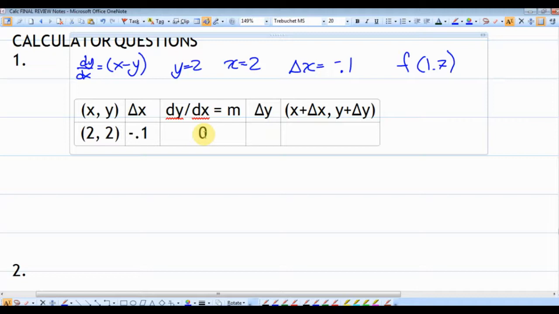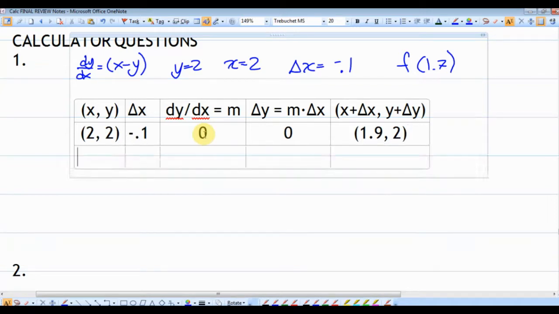Delta y, if you remember what delta y is, I didn't write it down here, but that's going to be m times delta x. So 0 times negative 0.1 is 0. X plus delta x is 1.9. Y plus delta y is 2. And are we done? No, okay.